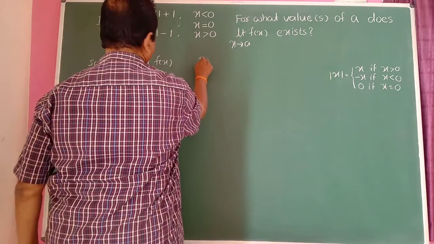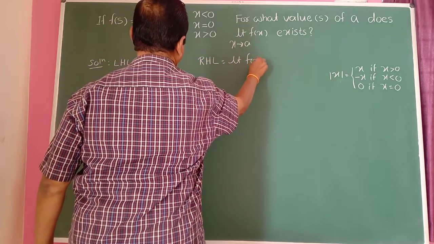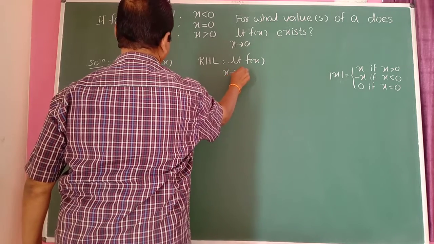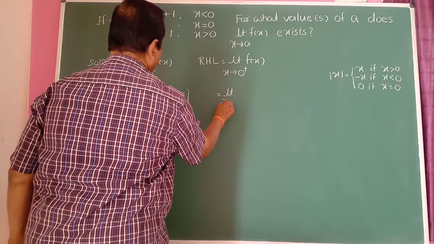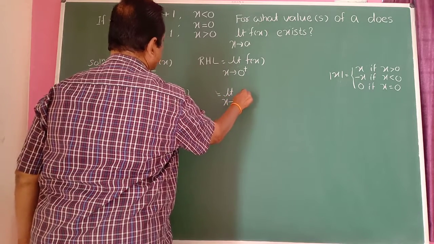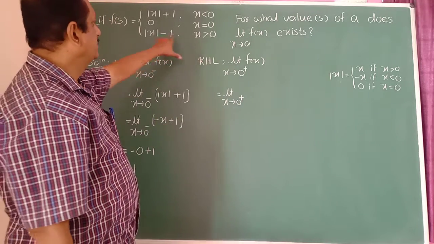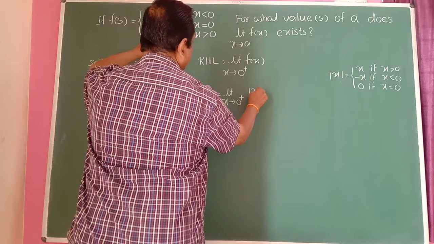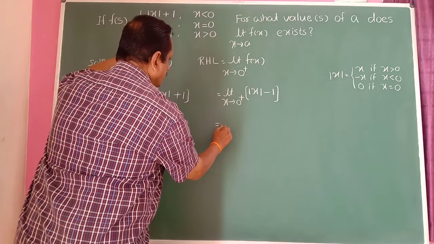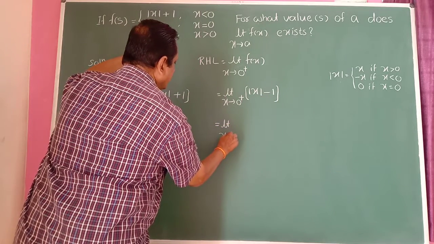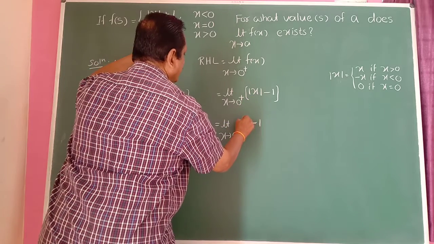Then RHL. RHL is equal to the limit of f of x as x tending to 0 plus. Plus means you are taking values from the right hand side, so x is greater than 0, and the function is modulus of x minus 1. Therefore, take plus x: x minus 1.